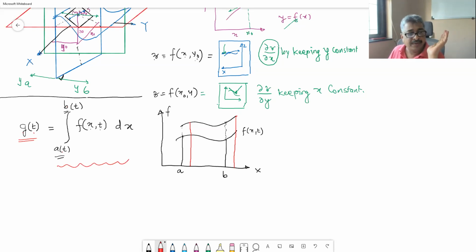So the definite integral had been a constant so far, but now, if the limits of integration are functions of some other parameter, then it may end up being a function of that parameter. So the answer for this is going to be a function of t, which is our parameter. And therefore, if it is a function of a parameter, I can always differentiate this function with respect to that parameter.